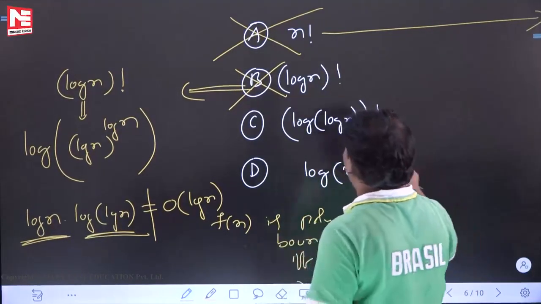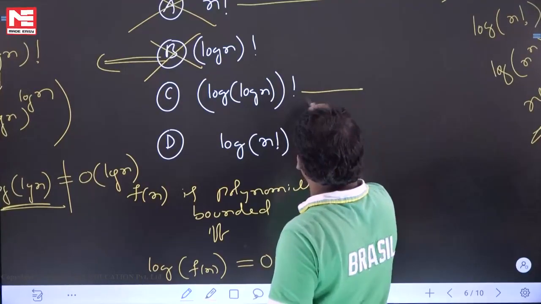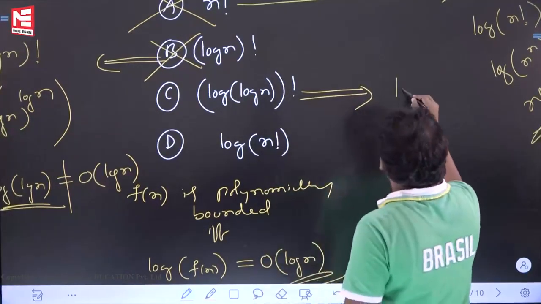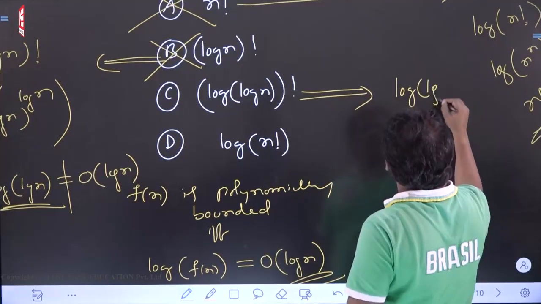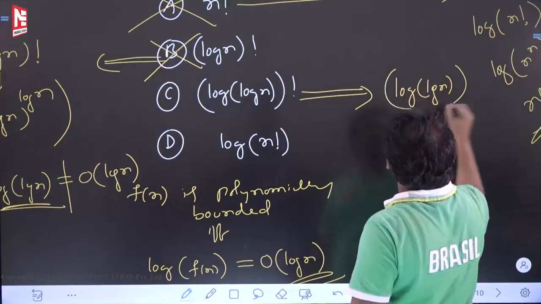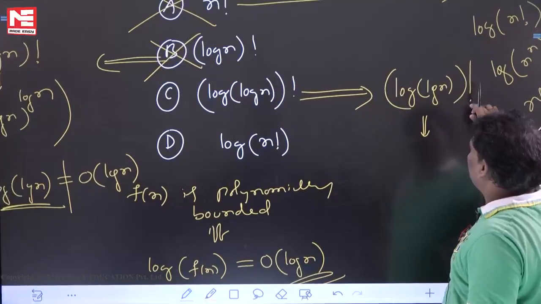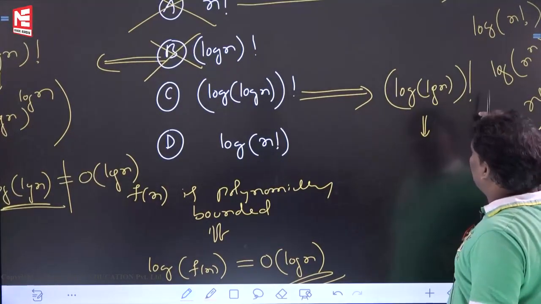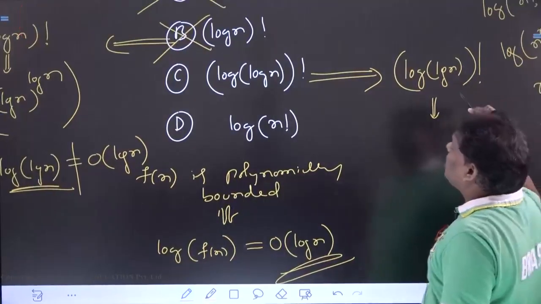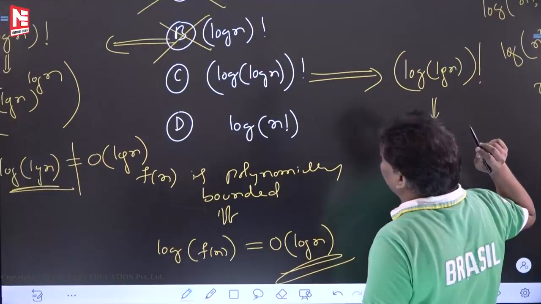Fine, let's go to the next one. What about this one? Let me check: log of log n is the given expression. What is the closest upper bound? N factorial's closest upper bound is n power n. Log n factorial's closest upper bound is log n power log n.